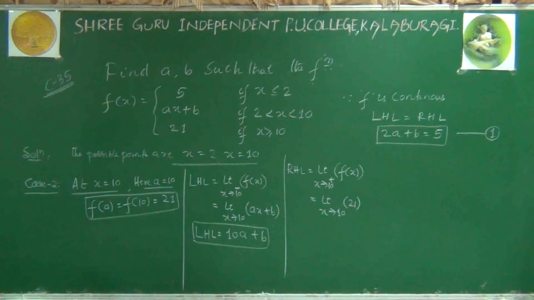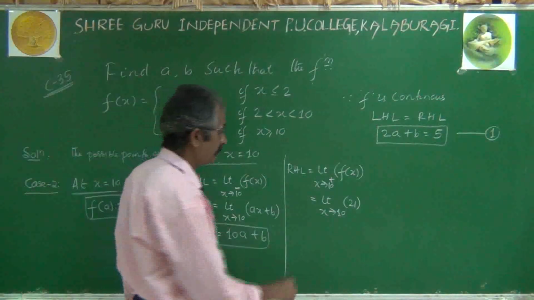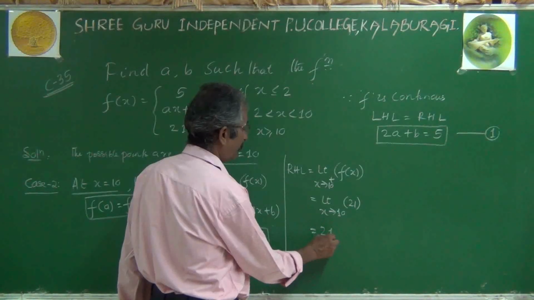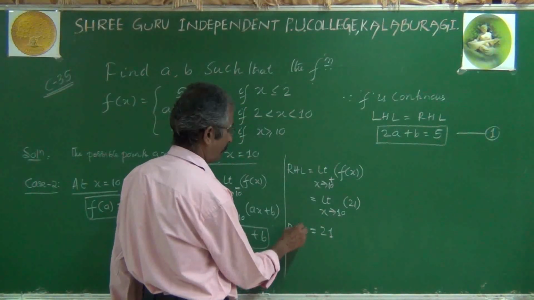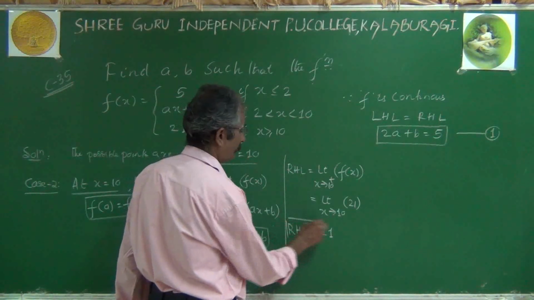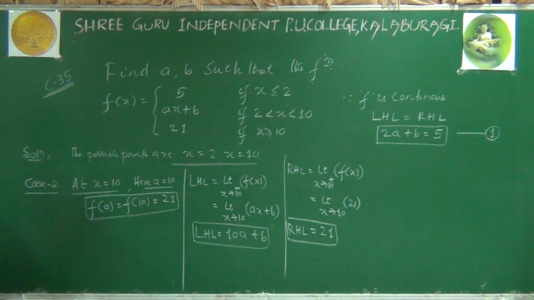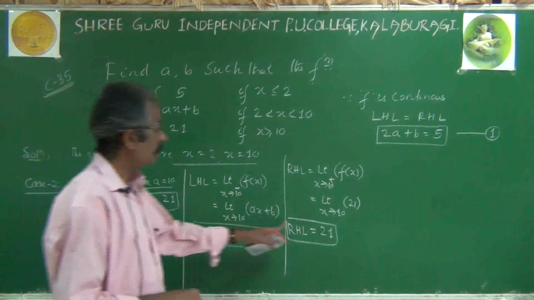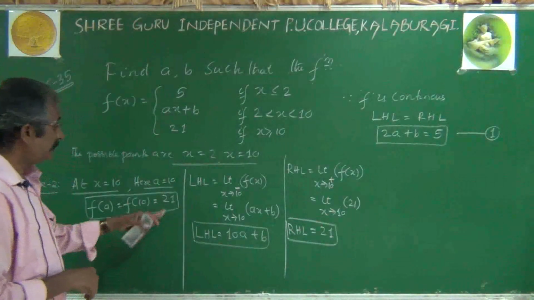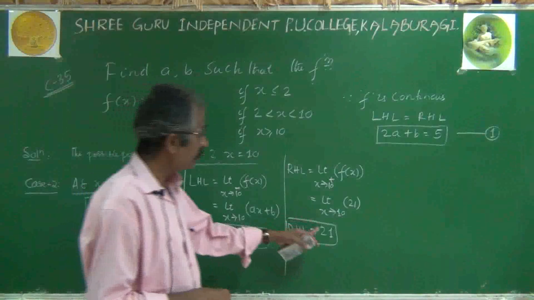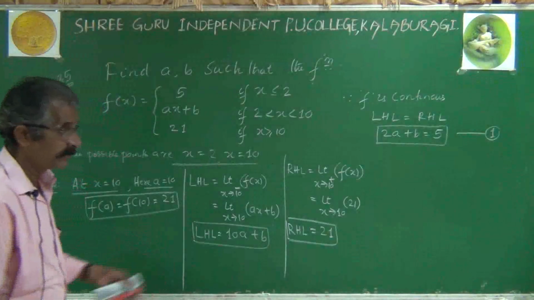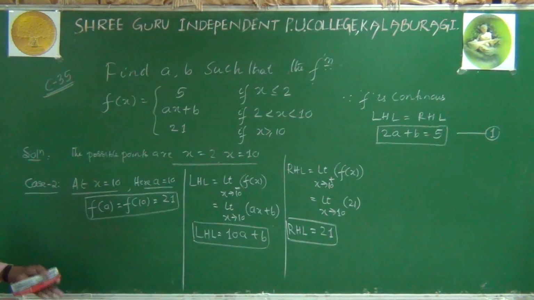Further, limit of 21 is 21 because limit of a constant is constant. This is 21. But match correctly. Don't match f of 10 with RHL. Those are equal. That is 21 equal to 21 does not give any information regarding a and b.